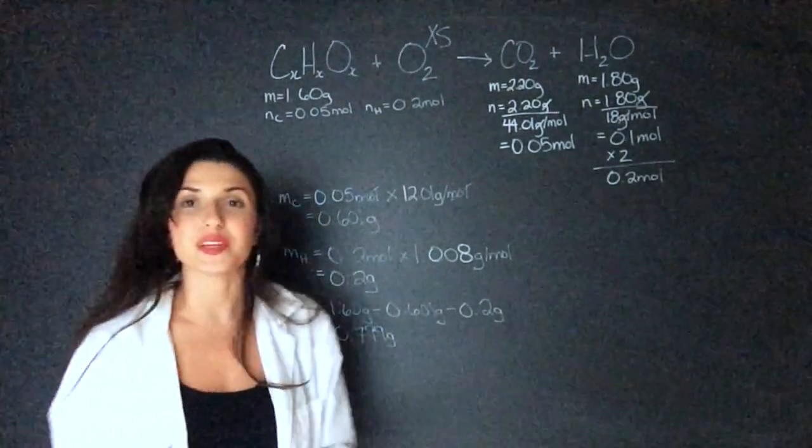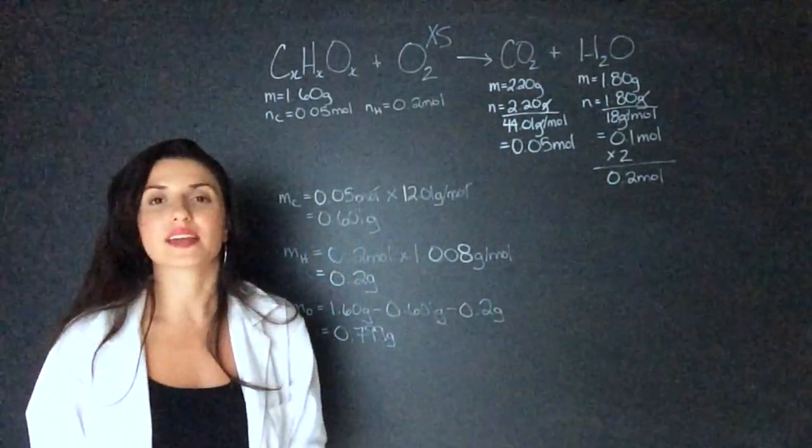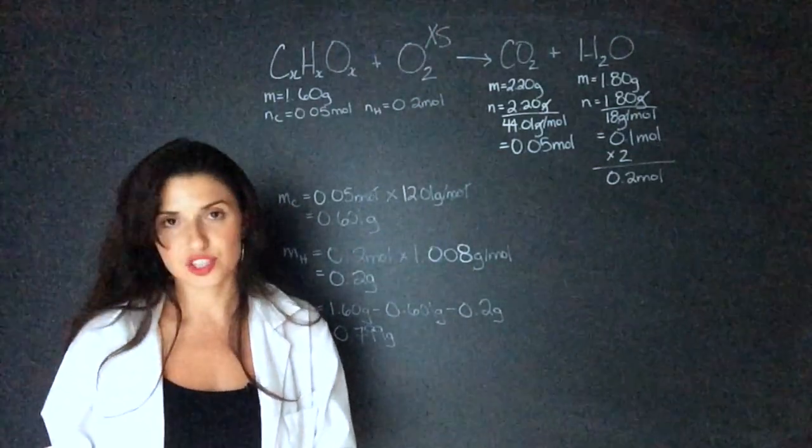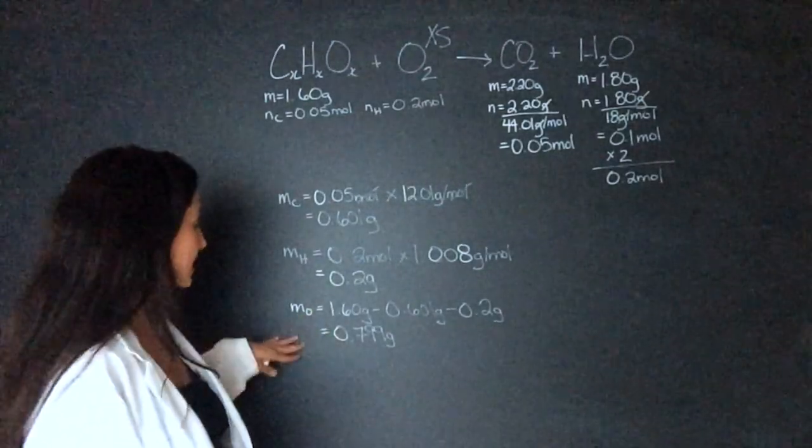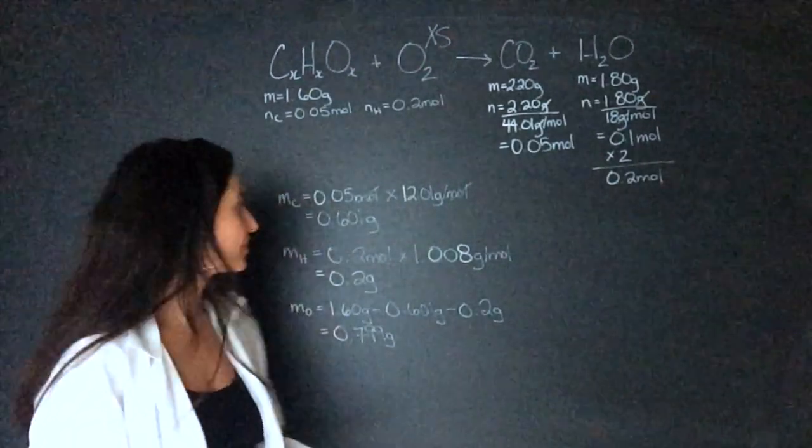So the reason I did all of this was so that I could find the moles of oxygen, which I couldn't do unless I had the mass. So now we will use this to find the moles.